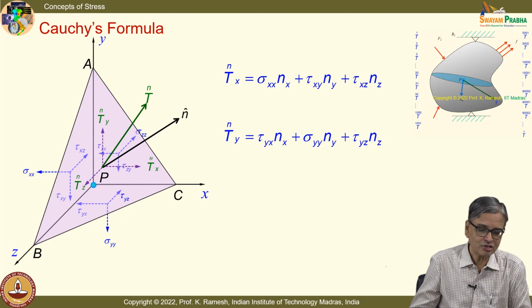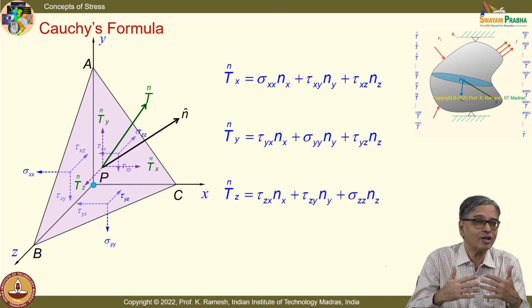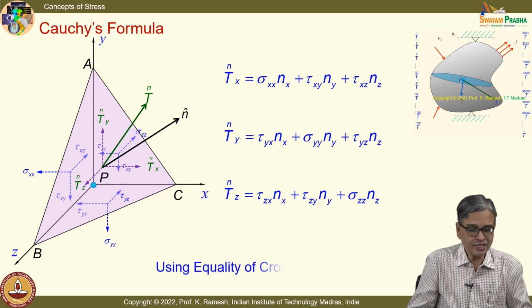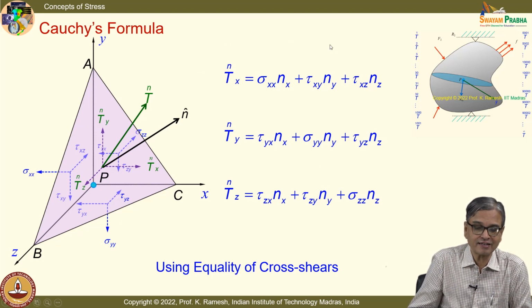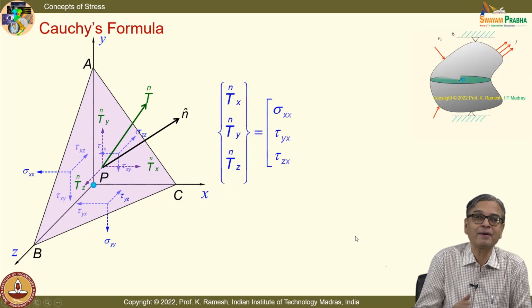Fine. Because the concepts related to stress, you have to go back and forth to understand it fully. So, using the equality of cross shears, the equations are rewritten in this fashion, which is convenient for me to write in a matrix notation.